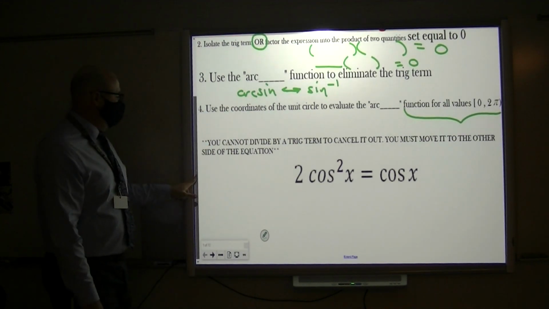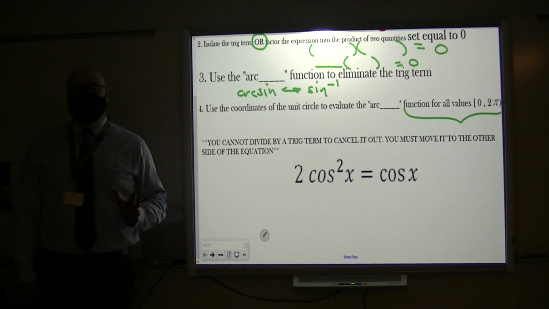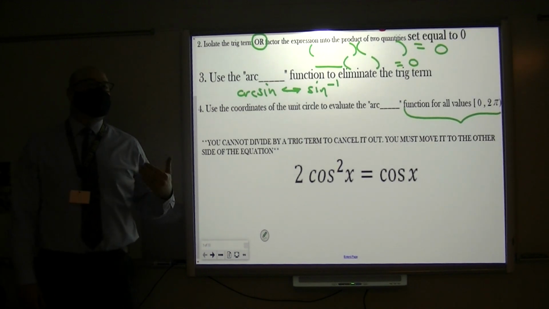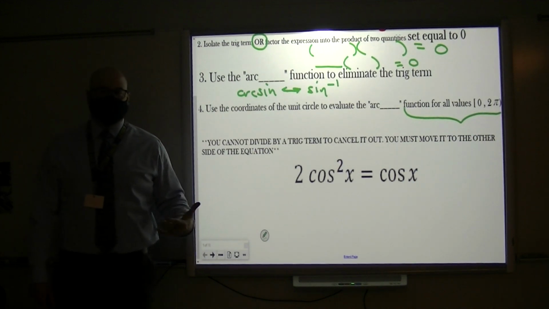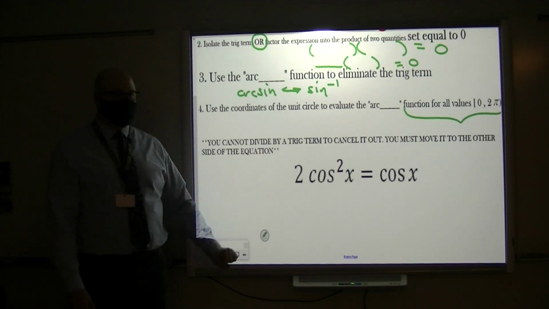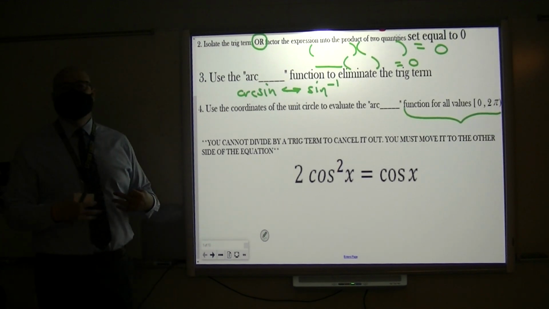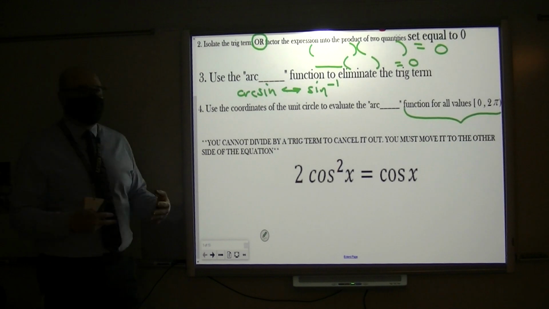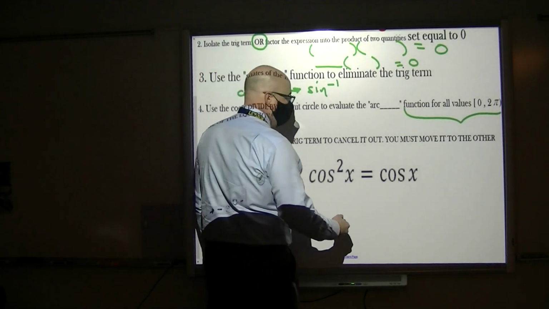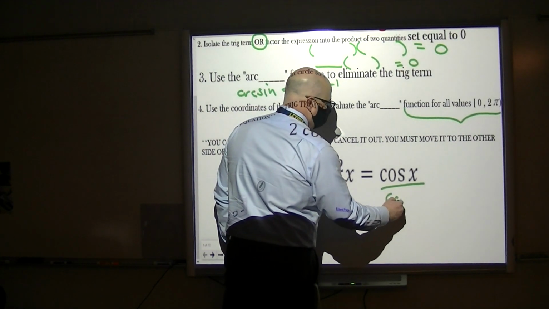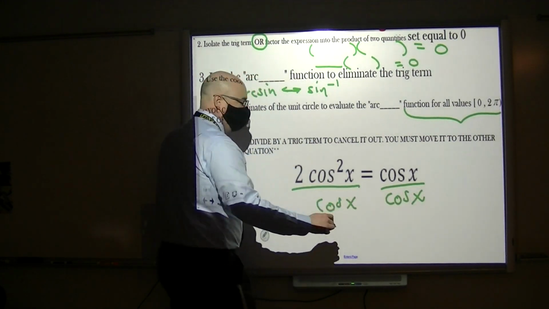One last thing before we end this introduction. You're going to be tempted at times to divide out trigonometric terms. So when you look at this, and you say, okay, how do I isolate cosine? Now, don't write this down. But some of you may look at this and think, well, if I do this, because now we're solving, we're not verifying.